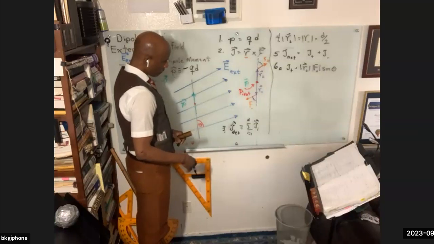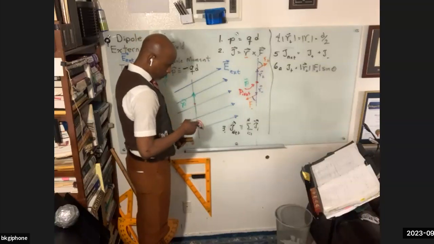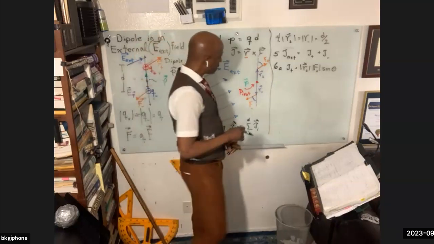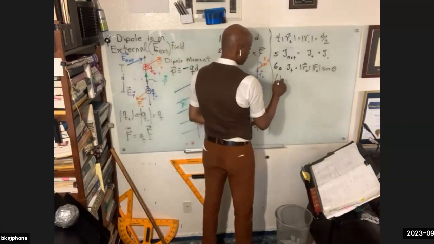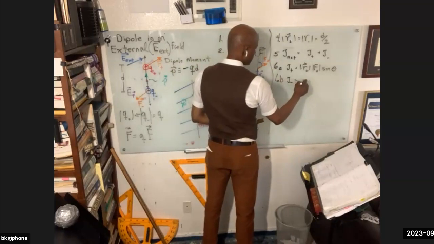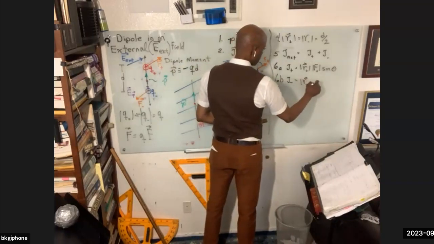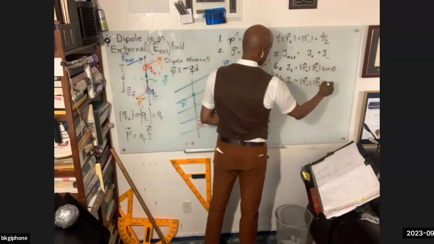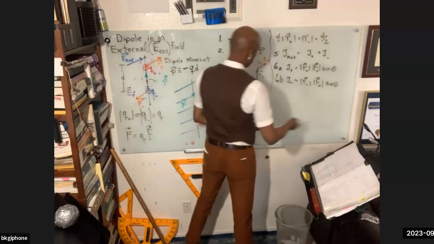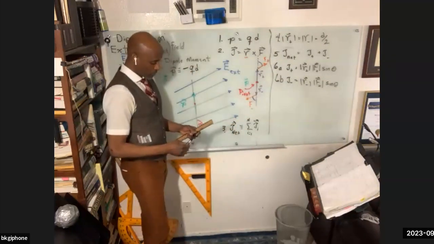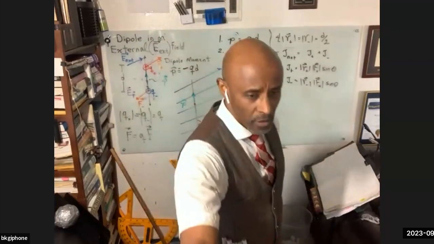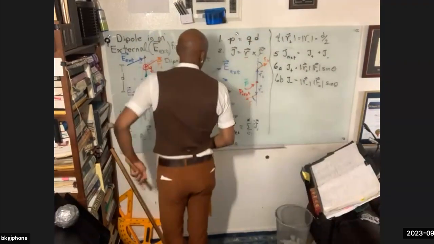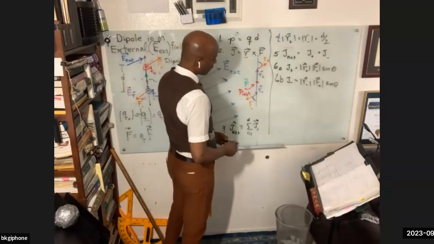And the same thing for the negative torque. Tau negative is equal to the magnitude of R negative, magnitude of F negative, times the sine of the angle between them. And it's the same angle because of the symmetry of the physical situation.